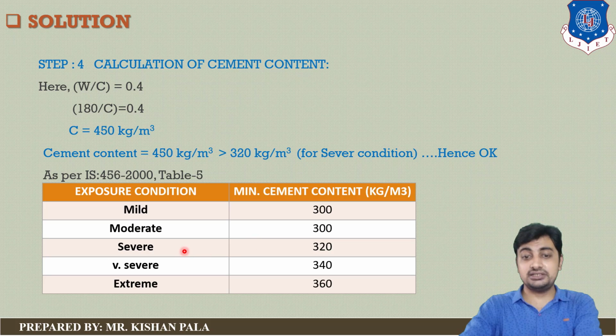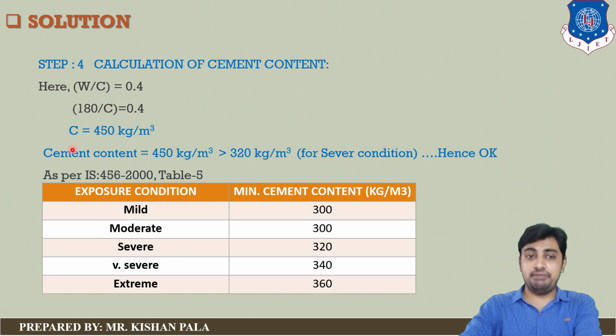In the severe condition, at least 320 kilograms per cubic meter. In very severe condition, at least 340 kilograms per cubic meter. And in the extreme condition, you require a minimum of 360 kilograms per cubic meter. So you have to check the minimum criteria based on the Indian Standard.